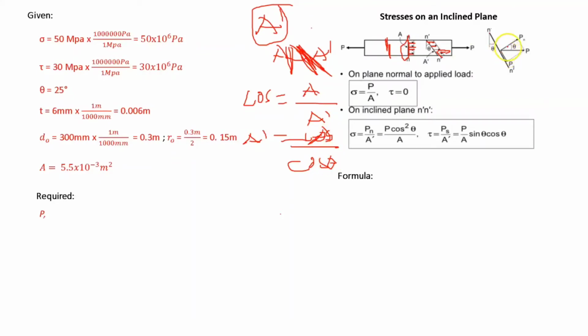Now let's focus on the load. The distributed load is P, so it is divided into two components. So Pn is equal to, this is the angle, so this is the adjacent, right?